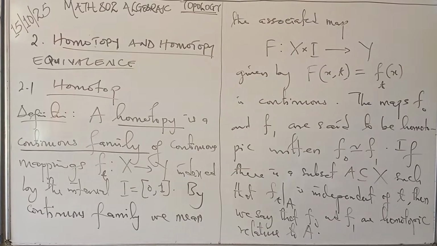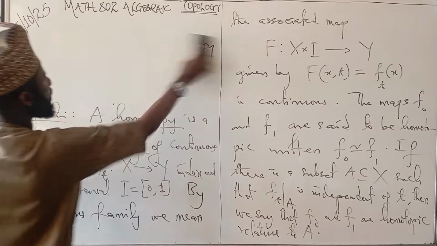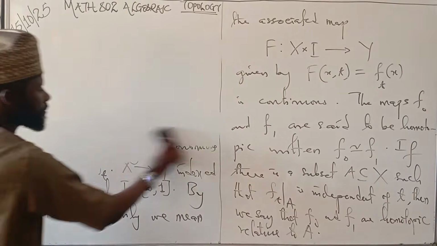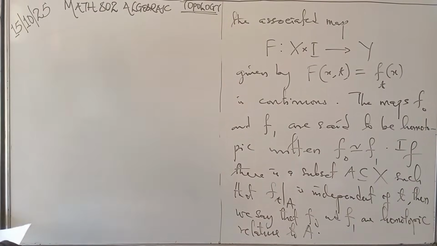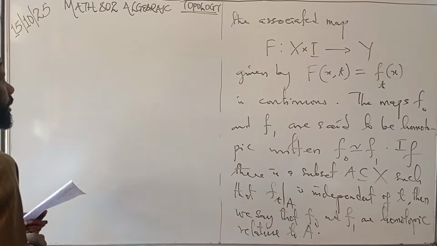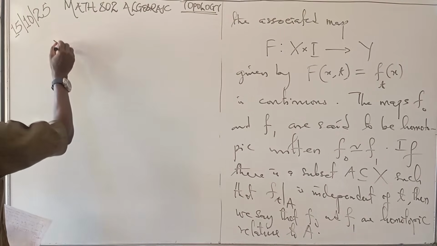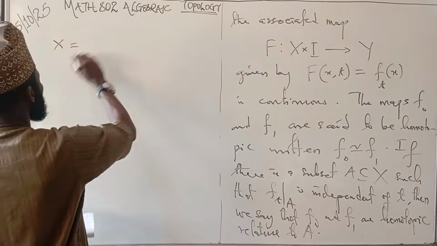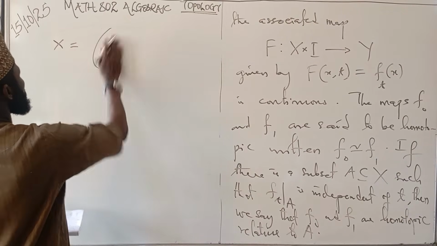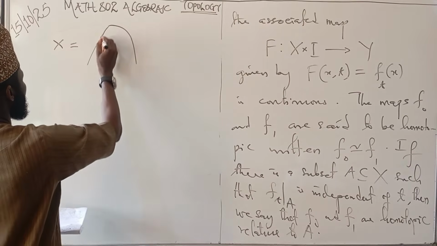Okay, let me give you an example to demonstrate the concept. So let us see an example of this. You can take X to be this topological space, a subset of the two-dimensional Euclidean space, like a thick annulus.